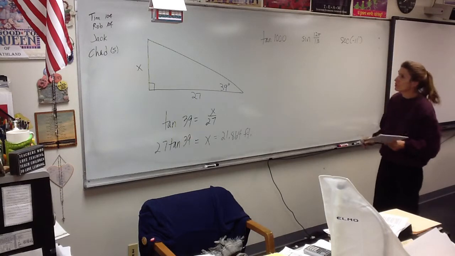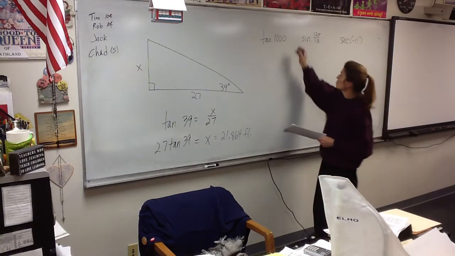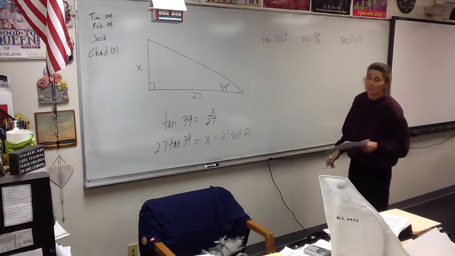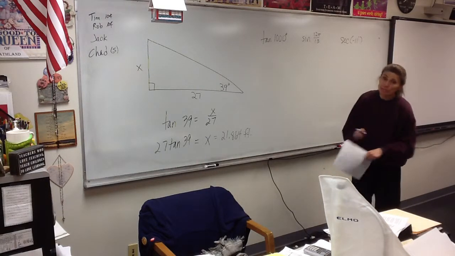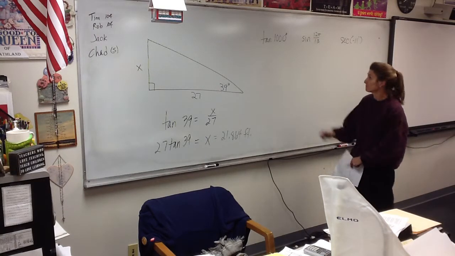And we don't want to know what the number is, we just want to know if it's positive or negative. So that's going to depend totally on which quadrant you are in.